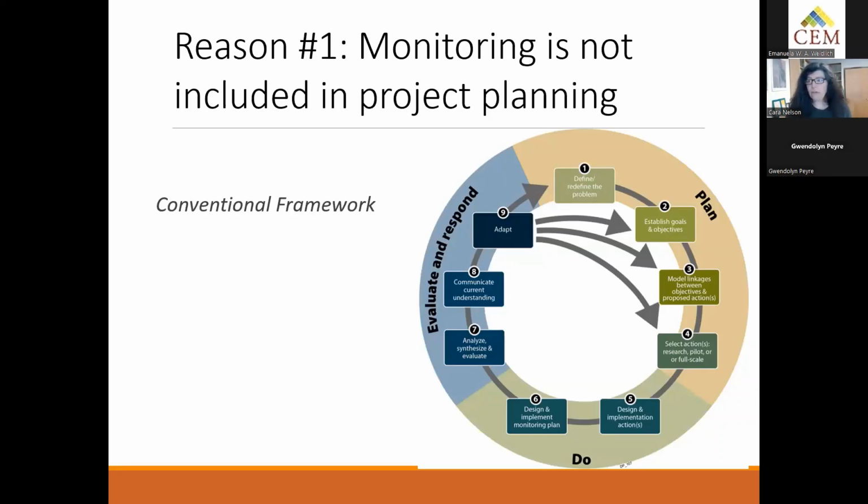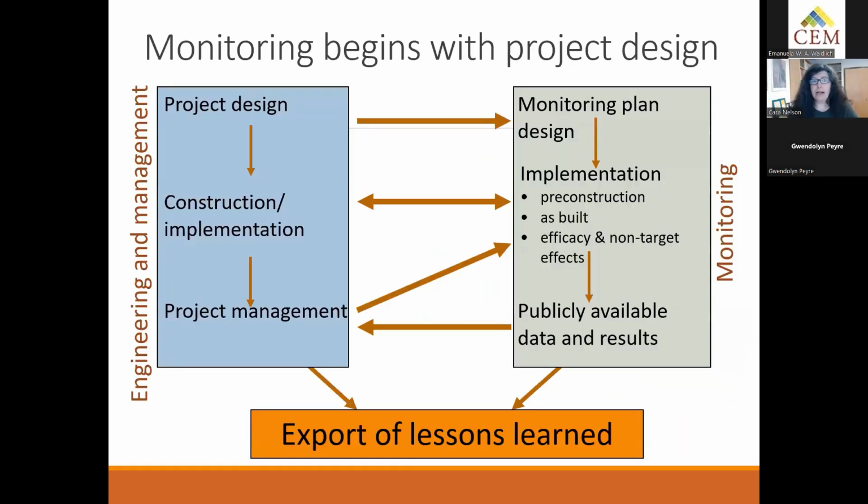A better framework, and I stole this from a US federal document produced by NOAA, I adapted it, is to have the two things, the project design and the monitoring design, go hand in hand.